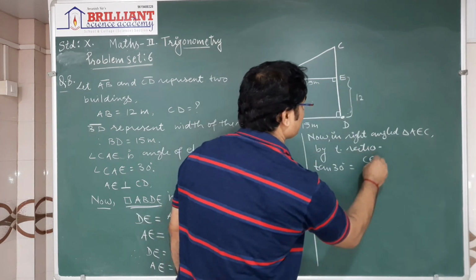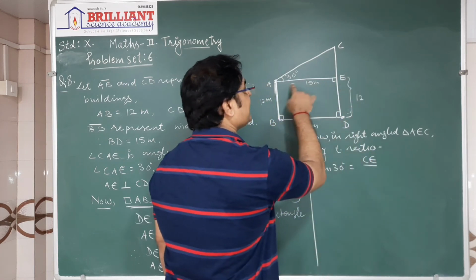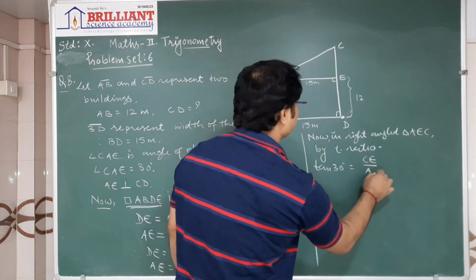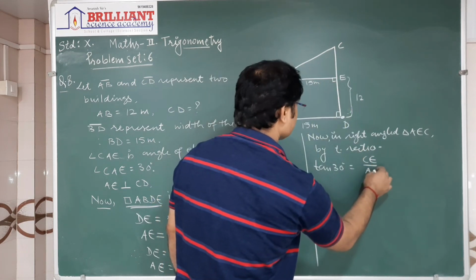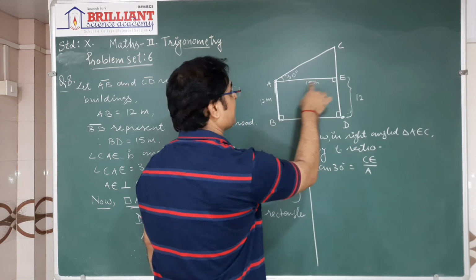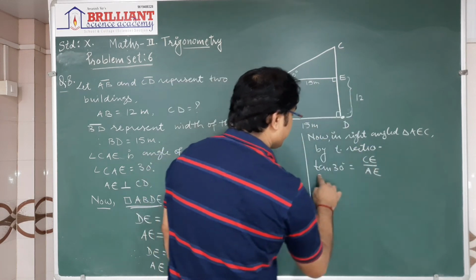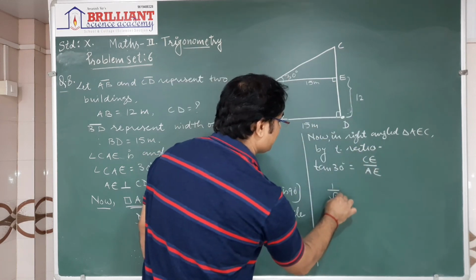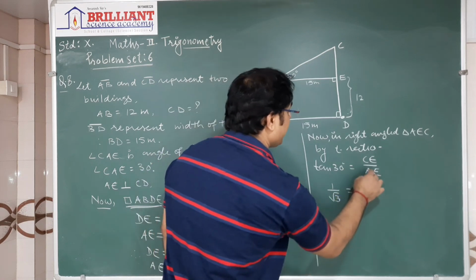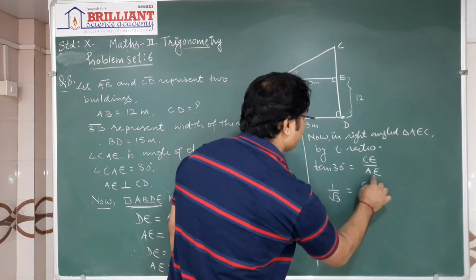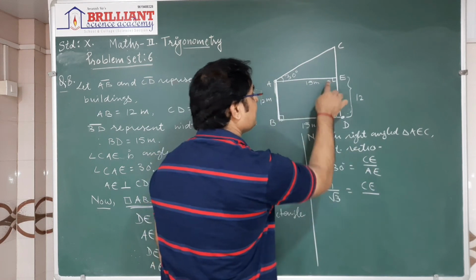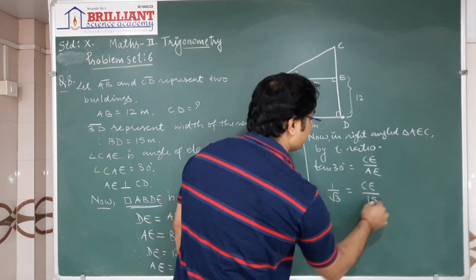Which side is opposite side? CE, upon its adjacent side. Which side is adjacent side? AE. Tan 30 degree is 1 by root 3, and CE upon AE. AE is given as 15.